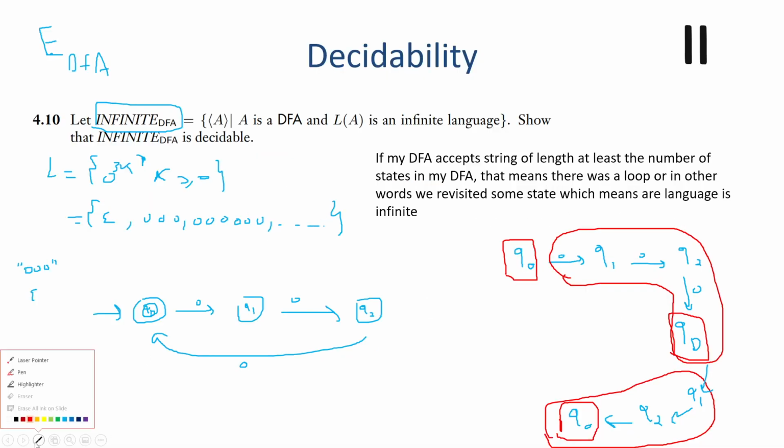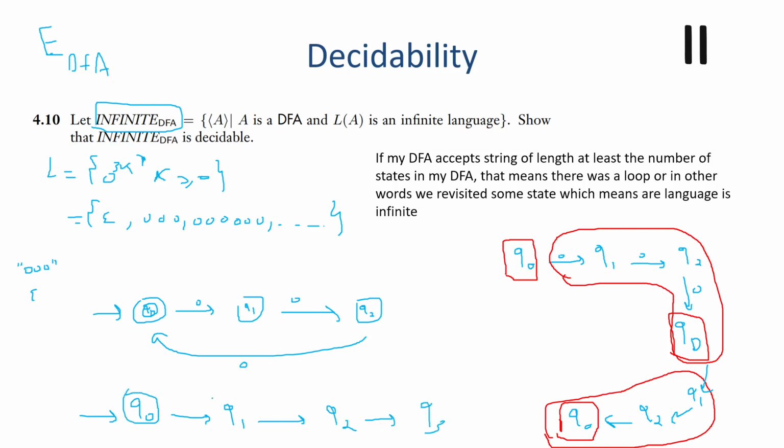Now, in this specific example, if I want to keep going, what could I do? Well, I'll create some DFA that accepts strings of at least length 3. How could I do that? Well, Q0 goes to Q1. It doesn't have to be the same states as before. Goes to Q2, goes to Q3. Do you agree or not with this? And I'll make this one loop over itself, and I'll accept here.